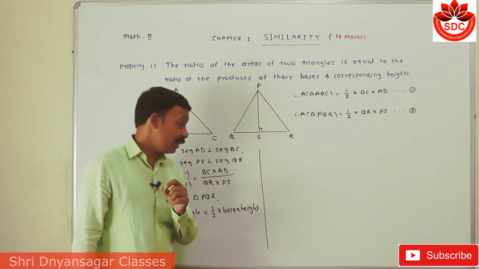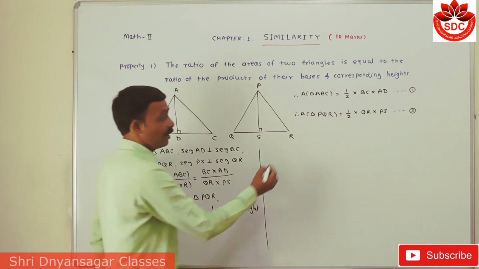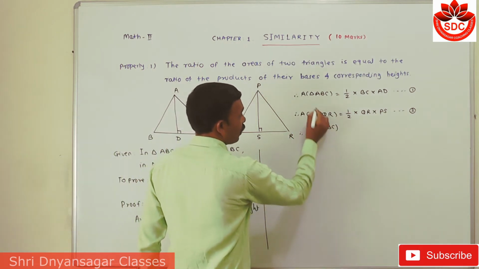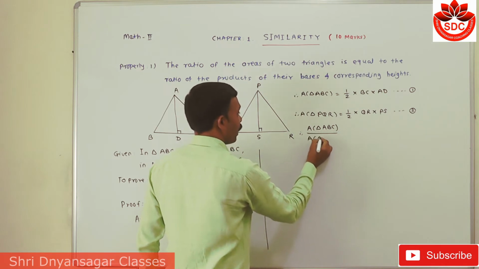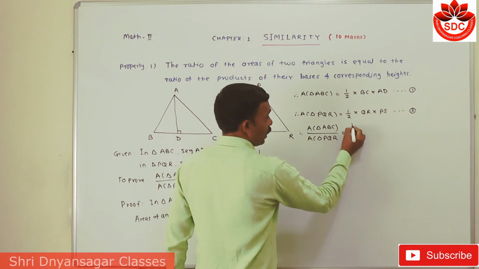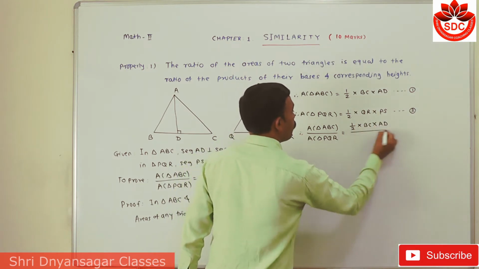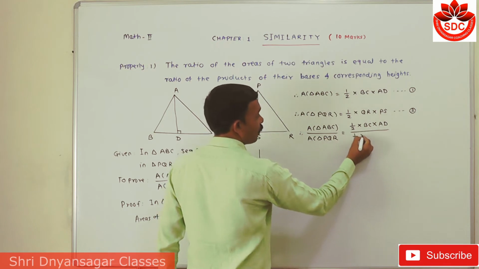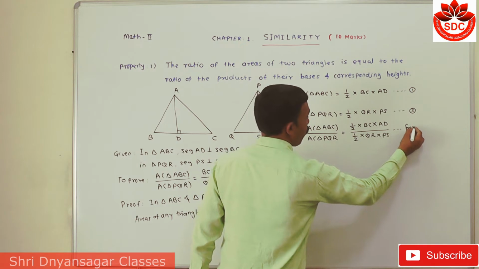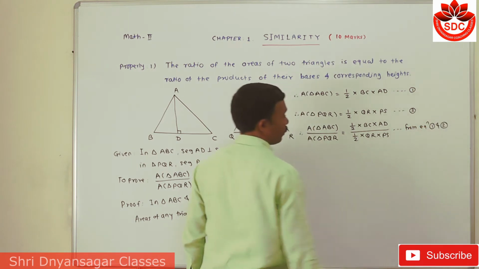Now students, we take the ratio of these two areas of triangles. So I have to write the third point: area of triangle ABC upon area of triangle PQR is equal to half into BC into AD upon half into QR into PS. Here the reason is from equation first and second.